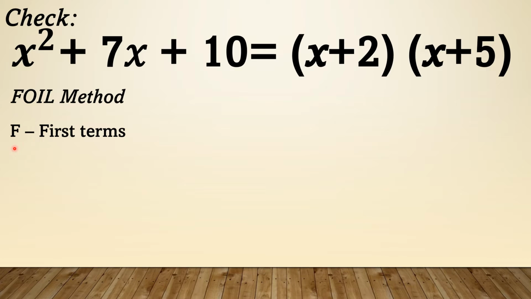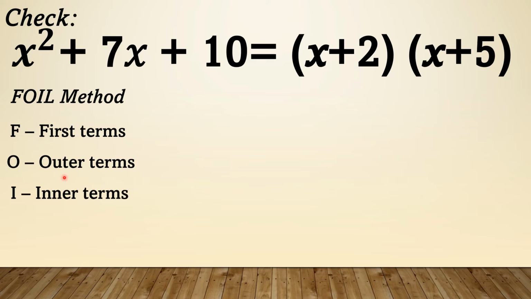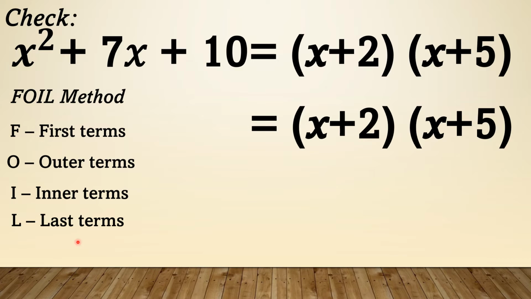FOIL: F stands for the first terms, O outer terms, I inner terms, and L last terms. So the two factors will be multiplied. So the first terms are x and x. Multiplying the first terms, the result is x squared.